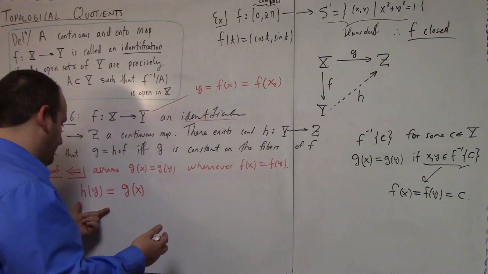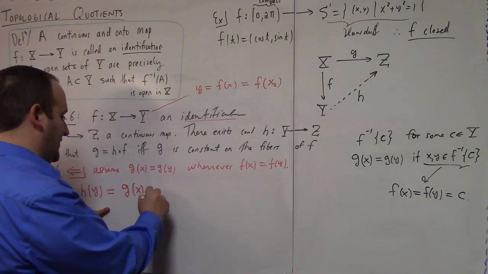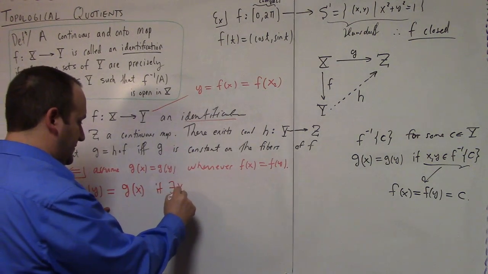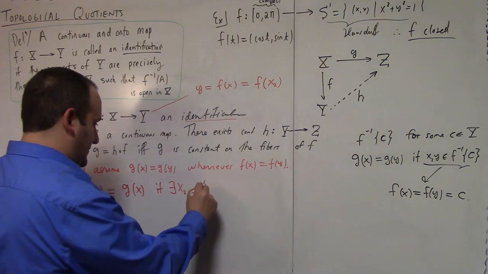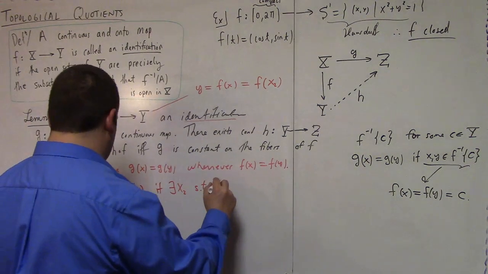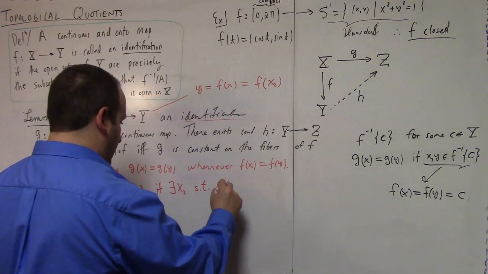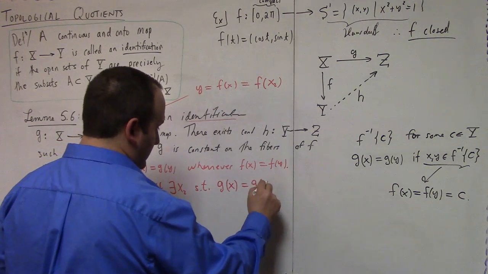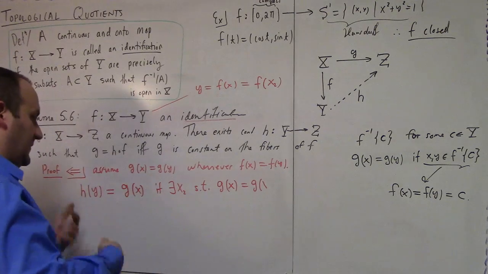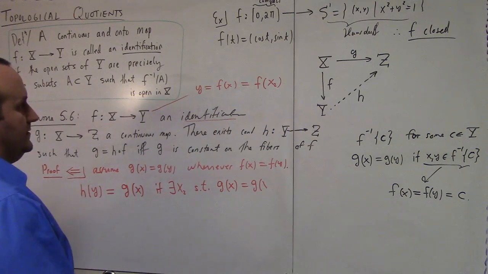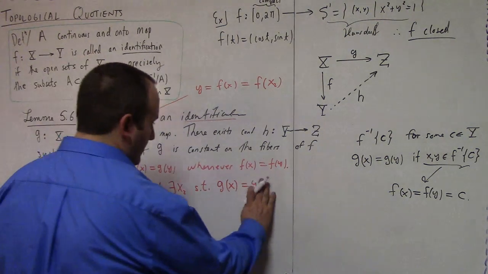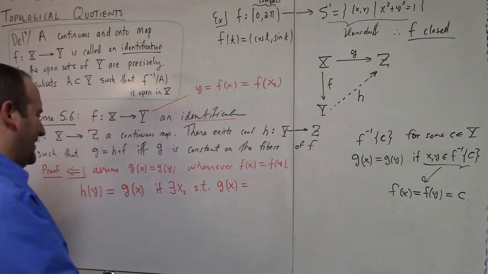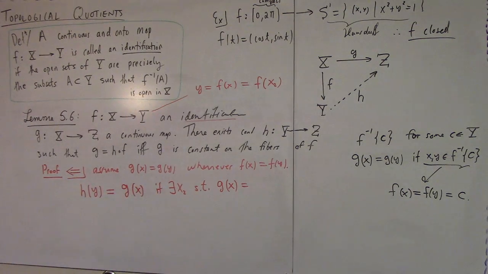If, and they could say something like, if there exists x2 such that g of x is equal to g of x2. No, other way around, sorry. I can't even think of the words to say here.